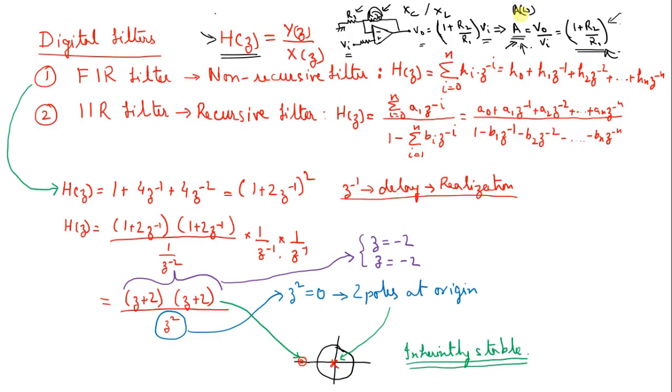The gain would remain V0 by Vi, but V output may be dependent on the frequency. Also we can give an input which is frequency dependent.